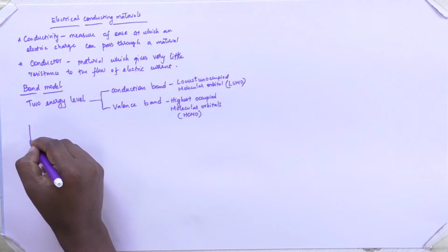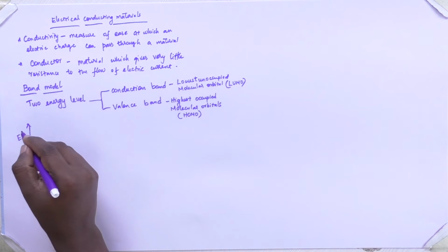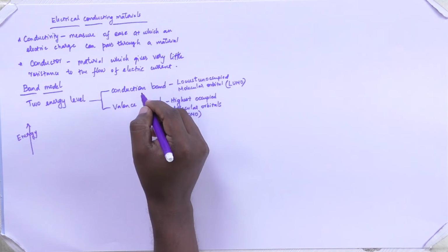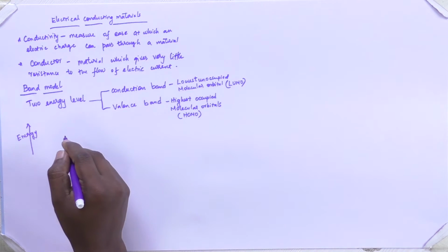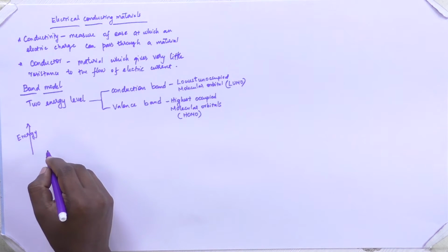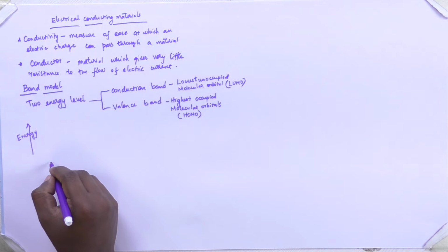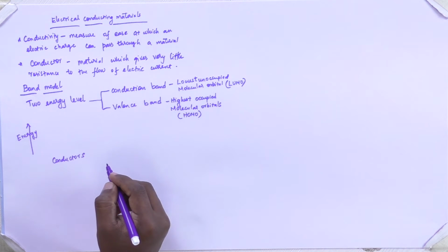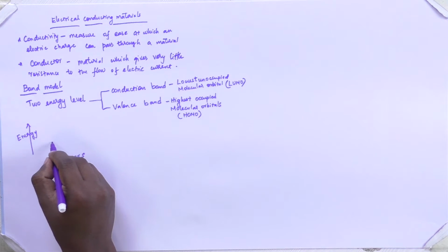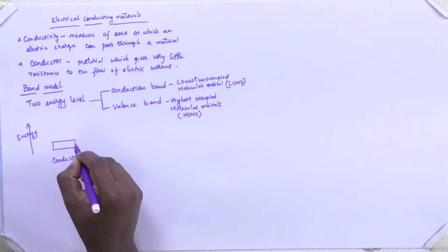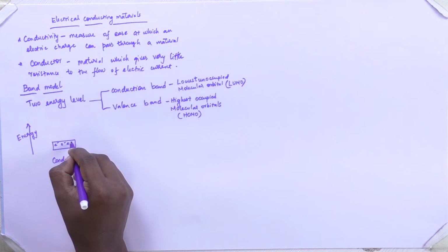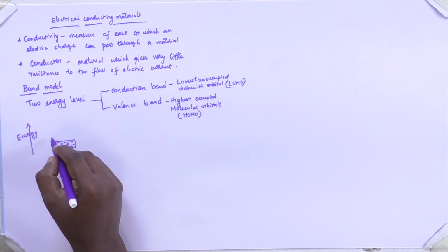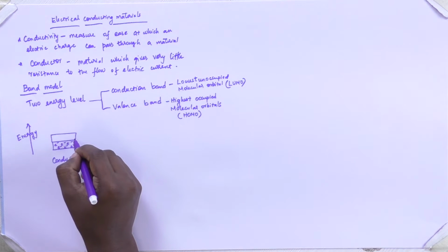So we have three kinds of materials. Let's look at how the energy separation of this conduction and valence band are there in this energy levels. So first we will look at conductors. In conductors we have the valence band, in which the electrons are filled, and the other one is conduction band.